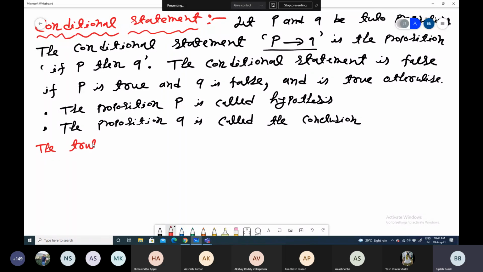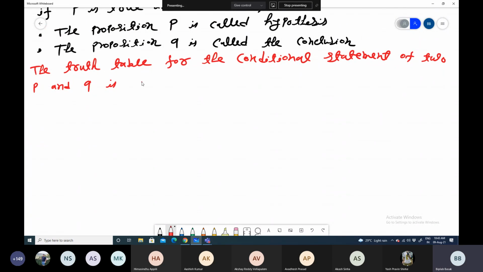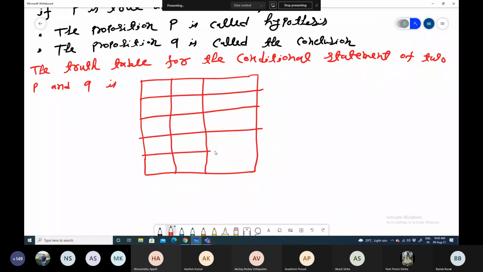The truth table for the conditional statement of two propositions P and Q is, so again we have four rows.